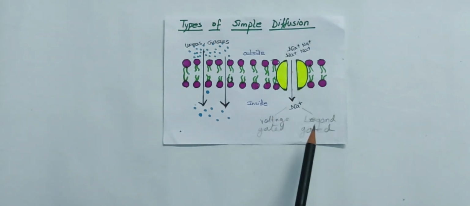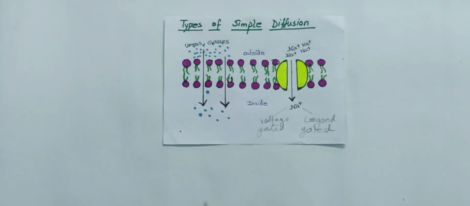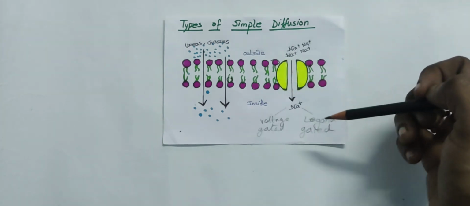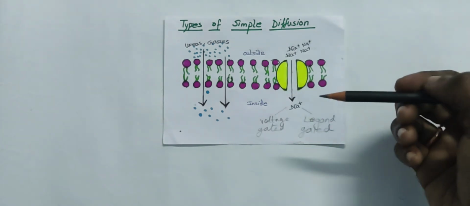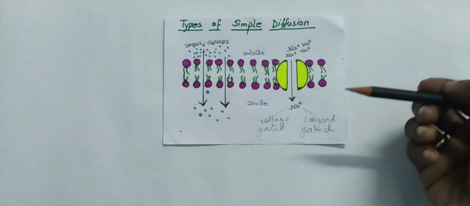Voltage gated ion channels open and close depending on the charge developed across the membrane. And for ligand gated ion channels, the opening and closing of the channels depends on a chemical.